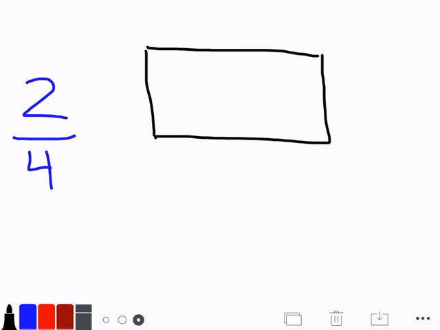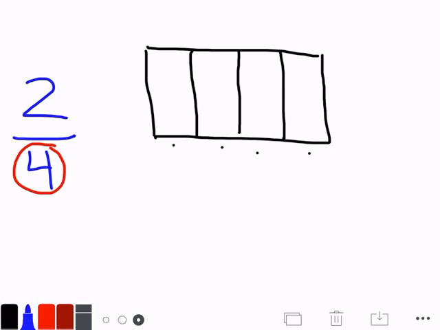I'll give you a second to think about that before I draw it in the picture. Okay, hopefully you said 4, my denominator. That tells you how many equal pieces I need to split it into. So an easy way to split it into fourths is first split it into 2 equal pieces, and then split each of those pieces into 2 equal pieces or halves. Now I have my 4 equal pieces. 1, 2, 3, 4 equal pieces.